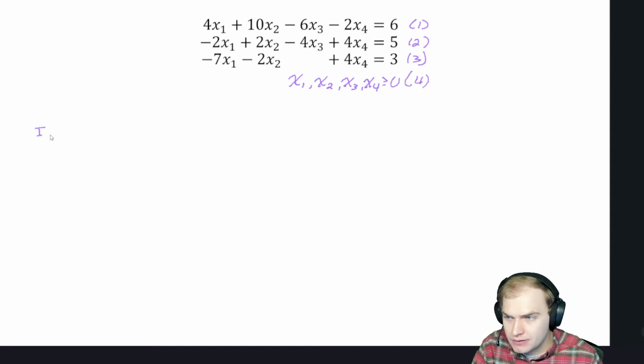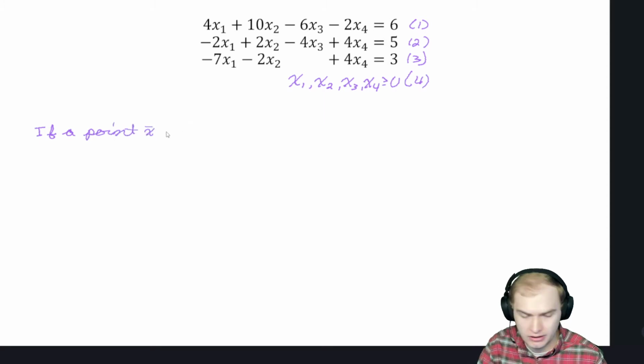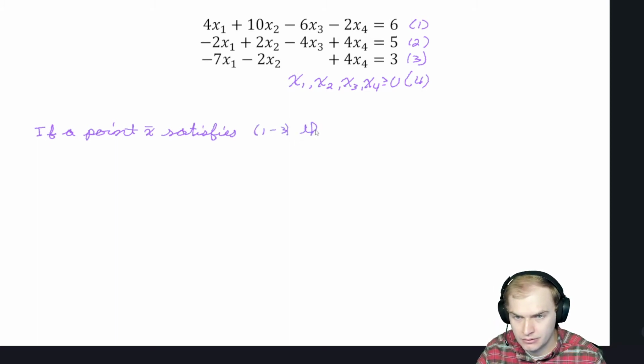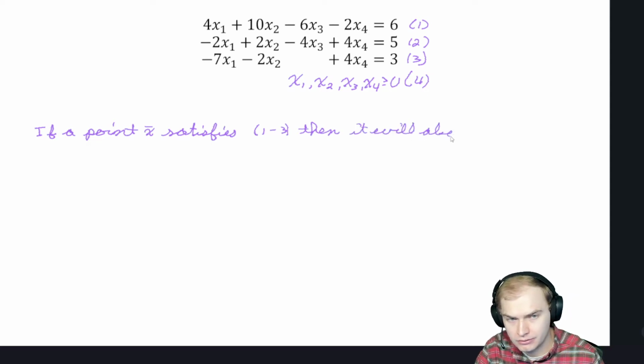So we can do this by noticing that if a point x bar satisfies 1 through 3, then it will also satisfy a linear combination of the three.